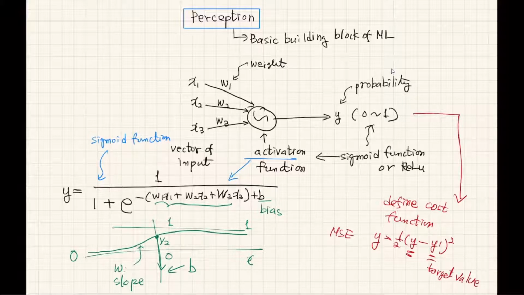You obtain this target value by labeling of this data. So the target value means the real value. This y means the output of your perceptron. If they are equal, the cost is 0, that means you have the right value of W and B. That means you have accomplished the training process properly. If this cost function is not equal to 0, then you have to adjust this W and B.